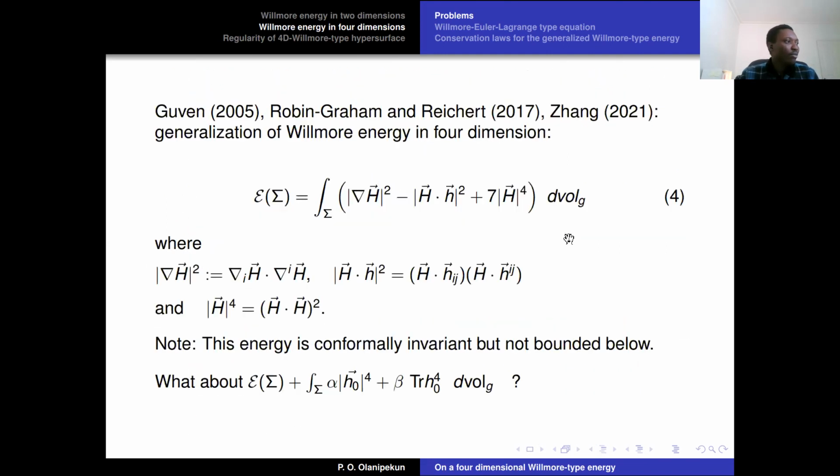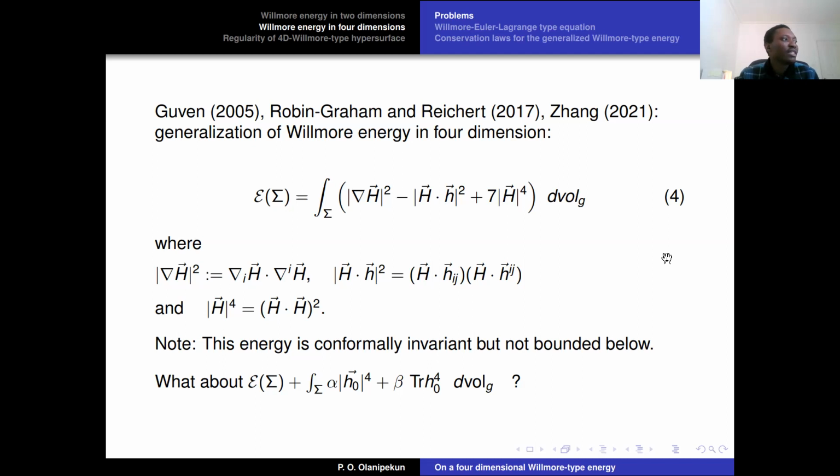To obtain a positive energy, one can add multiples of the trace of h naught to the power 4 to the energy. Then you have a positive energy, but then you lose the property that h equals 0 is a solution of the Euler-Lagrange equation of this energy. But then, we studied this energy which is not bounded below.